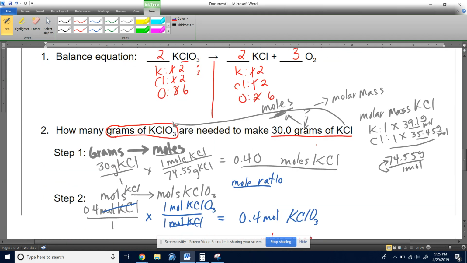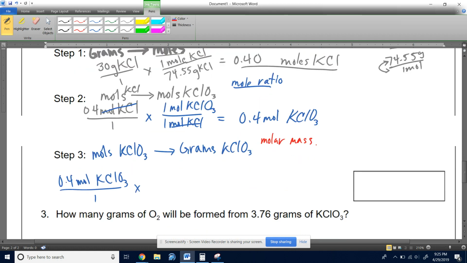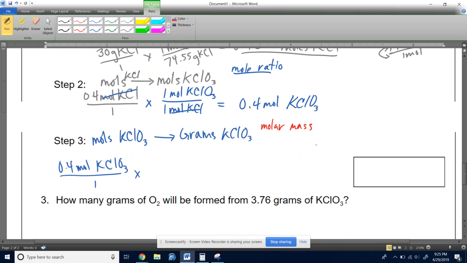I hope this Word document doesn't crash on me. That's what we're using next, okay? So, let's find our molar mass. We have a K, we have Cl, we have an O. Cl, we only have 1, and that is 35.45 grams per mole.